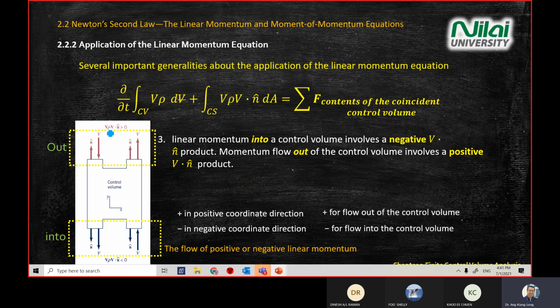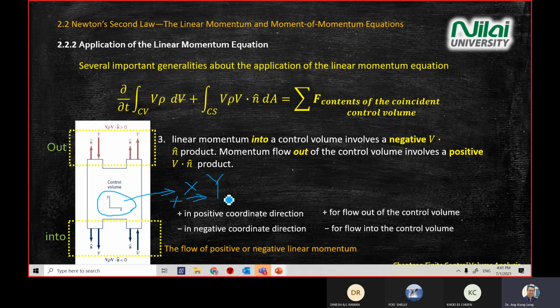So just be careful when it comes to inlet and outlet. And when you solve a question, always look for the coordinate reference axes, your X and Y. For example, in the diagram on the left-hand side, X is positive going to the left.